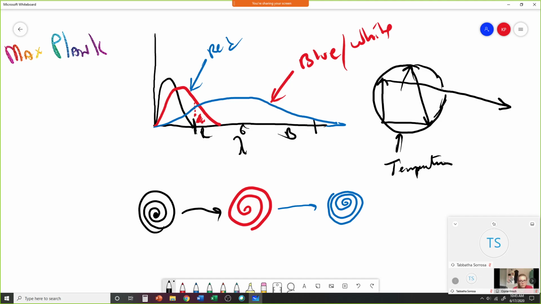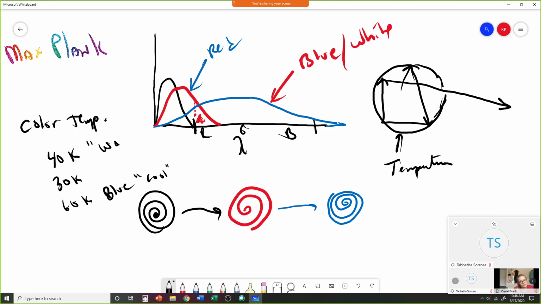And if anybody's a photographer, you will know what I'm talking about if you say something called the color temperature. Y'all ever heard that? If you look on your cell phone, you might have even seen options like 4K, 3K, 6K for your cell phone photography. And if you notice, this will actually give it a more blue or cool color. This will be more of a warm color or more reddish color.